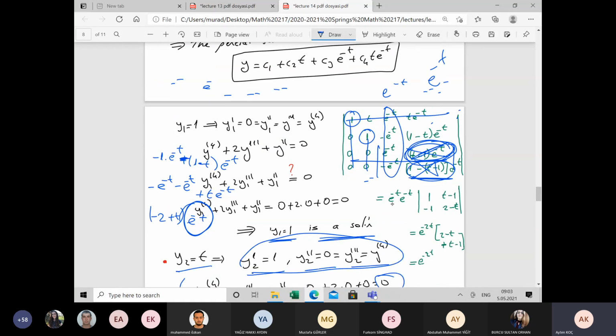So we obtain that this part is true, but this part maybe, check this part, maybe true, maybe not, because this one is not t minus 1. This one should be minus 2 plus t.